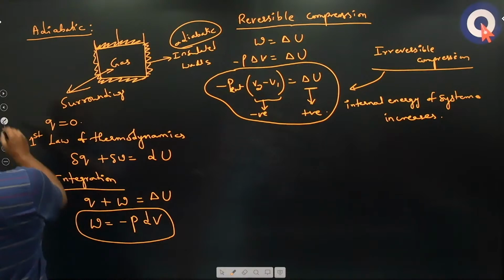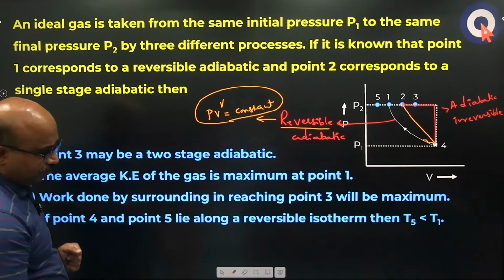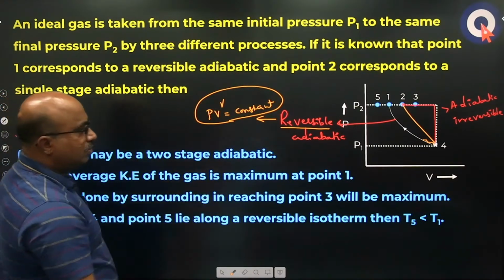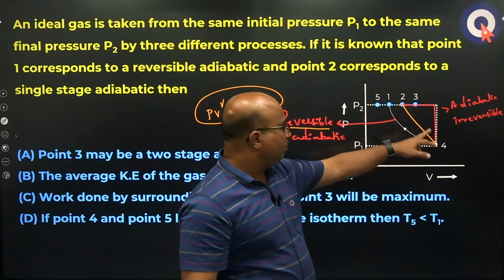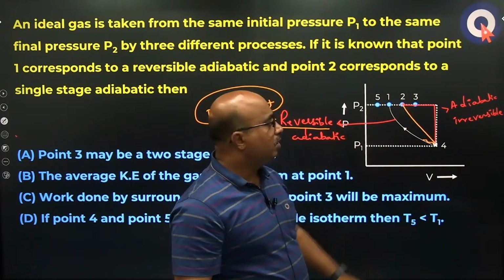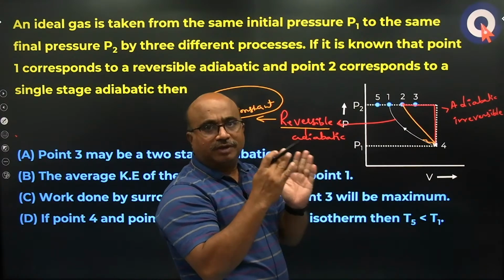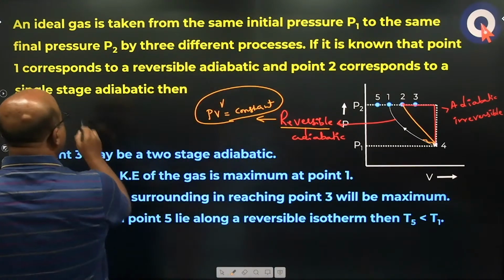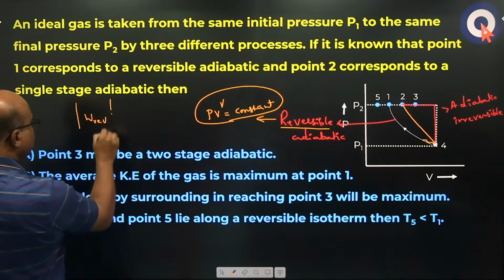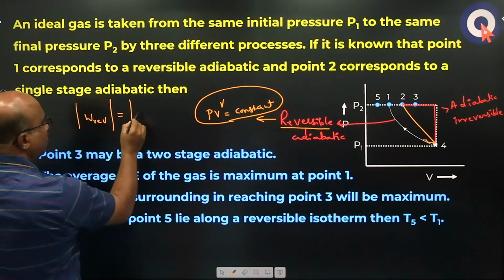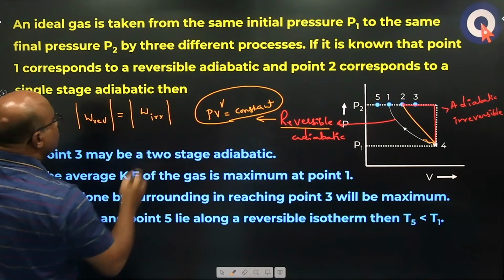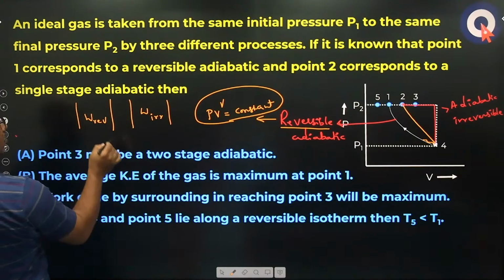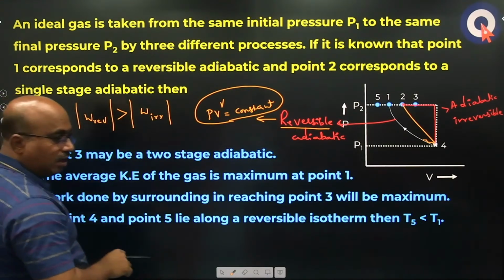So when we consider now the point 3, it may indicate the two-stage adiabatic process. So we are saying this is a single stage, this is multiple steps. So work always lies between, work is more in case of reversible. So the magnitude of work done reversible is always greater than work done in an irreversible.